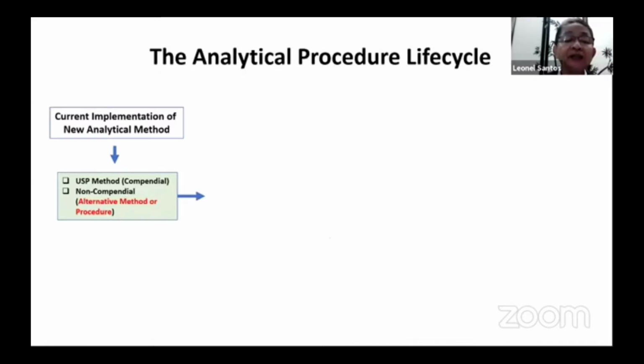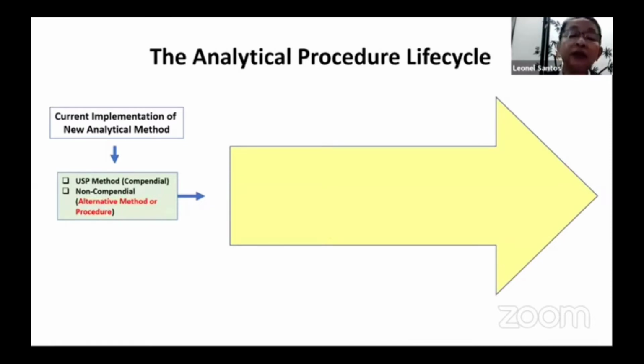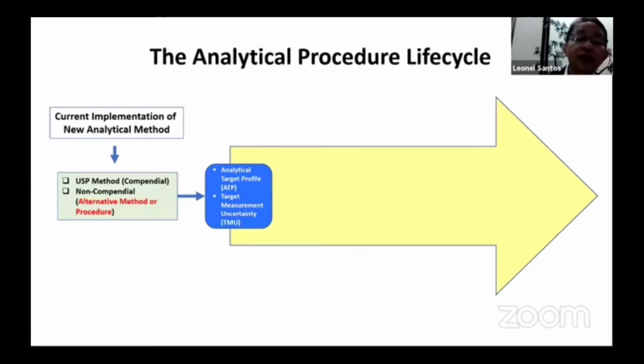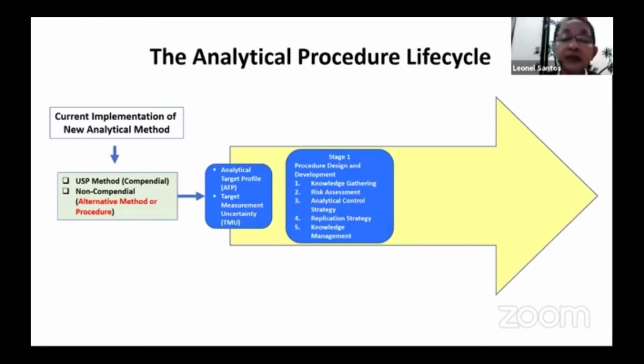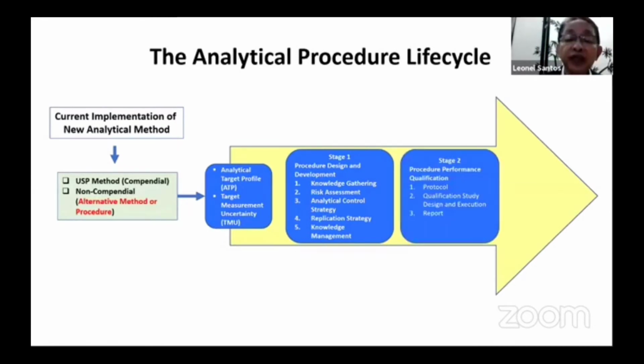However, this will have to adapt into the new proposed General Chapter 1220, starting with the establishment of what is called the Analytical Target Profile, ATP, and Target Measurement Uncertainty, TMU. These two parameters are consistently the standard in the three stages of the procedure life cycle, starting with stage one, which is procedure design and development, having 5 different elements.